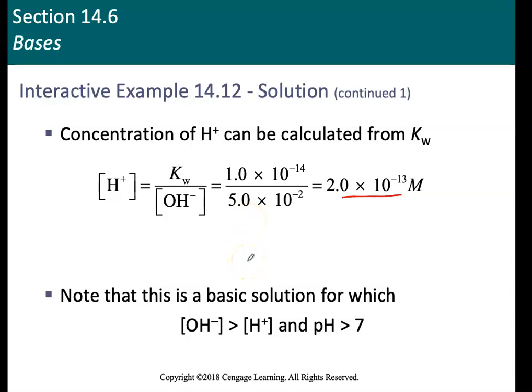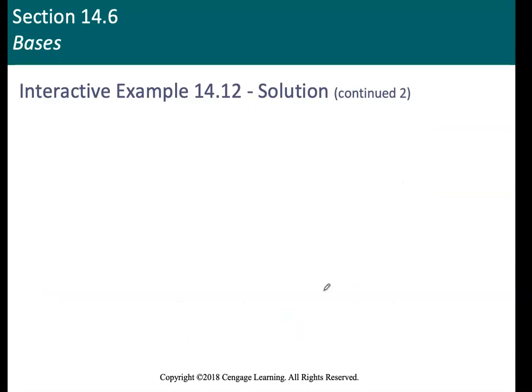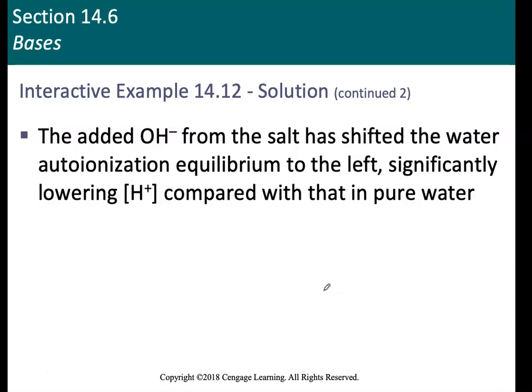So that's the concentration, and that will give us the pH. We use the relationship for pH. Note that this is a basic solution. A basic solution has a pH above 7, and 12.7 is that example. Okay.